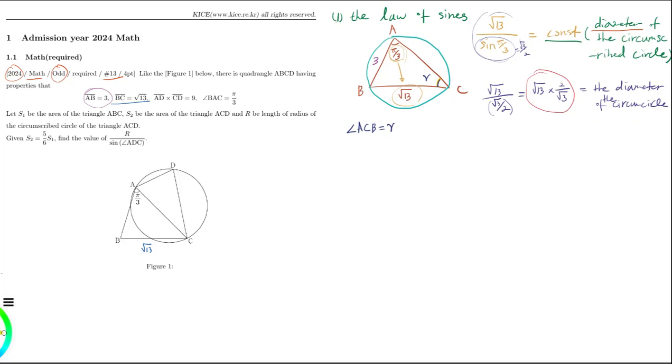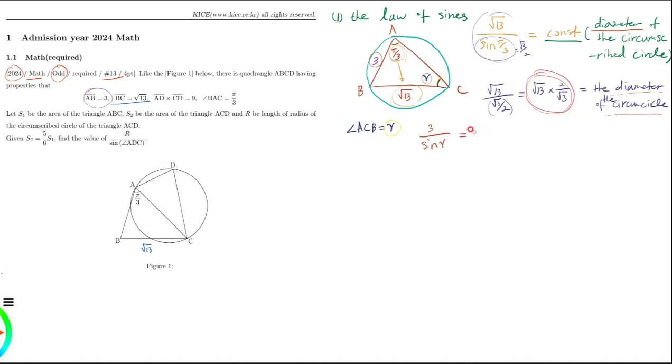Even though we don't know the exact value of gamma, by using the law of sines, because it shares the circumscribed circle, the opposite side over sine of its opposite angle gamma is the diameter of the circumscribed circle.